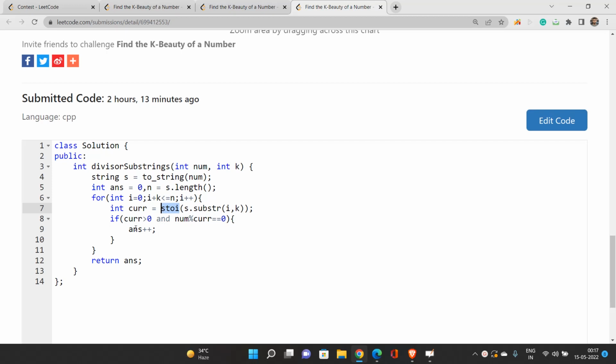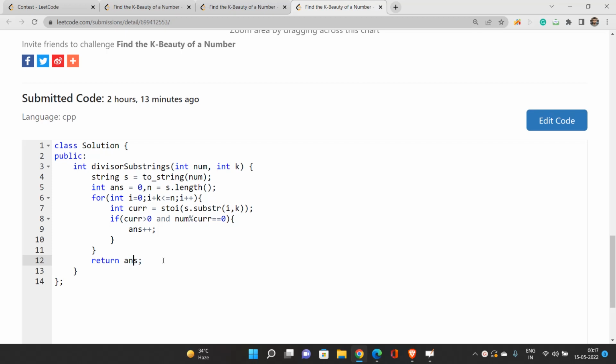I will first check whether the current value is positive, and if it is also a divisor of the input integer, then we increment our answer by 1, denoting that we have found a substring satisfying the given conditions, and finally we return the answer.